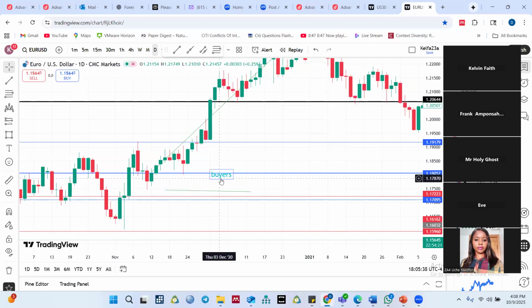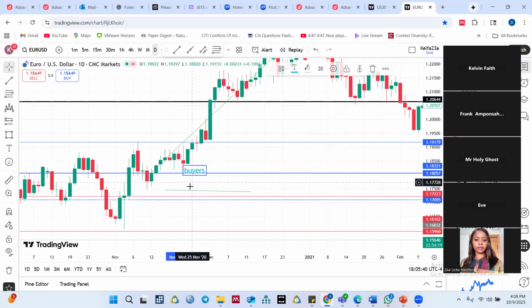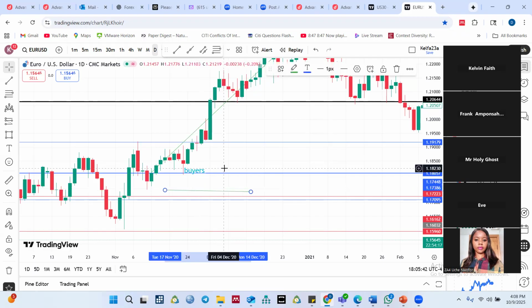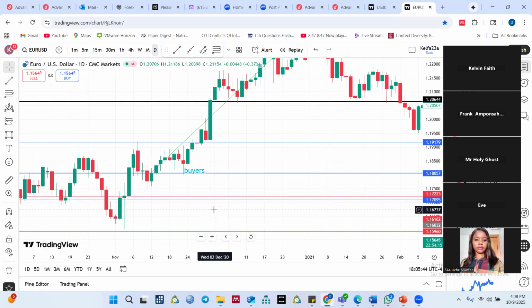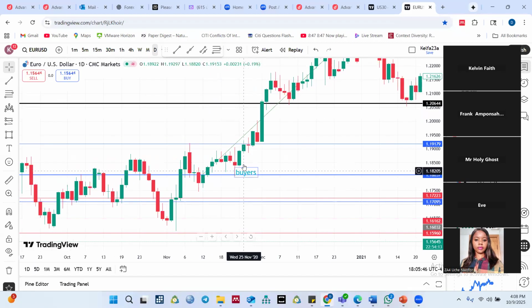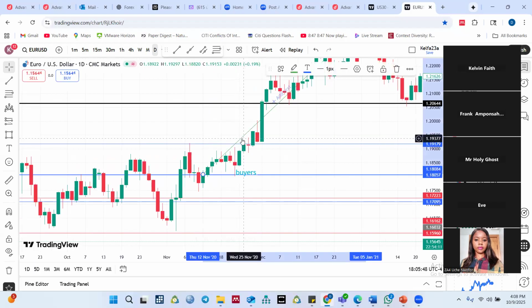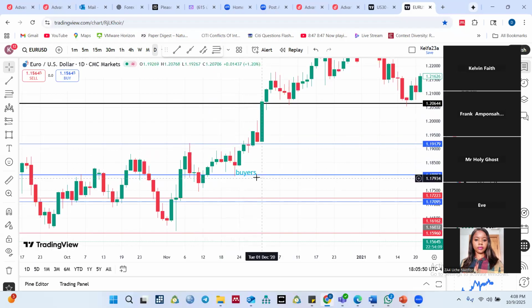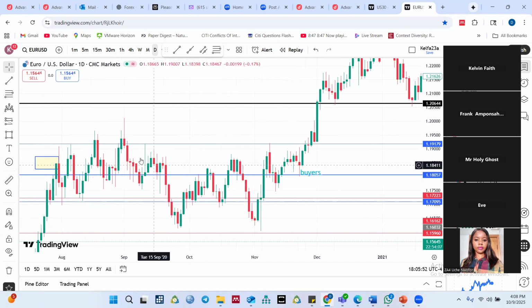So let's say Frank has $2 million and Frank is a seller, a financial expert for his bank, and he's a seller, so he's only shorting or selling the market. Now, Frank has been selling here all the time. Okay, Frank sells anytime price comes to the blue line.